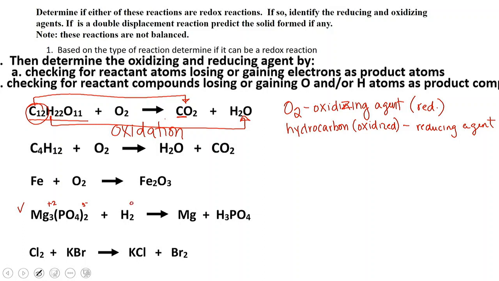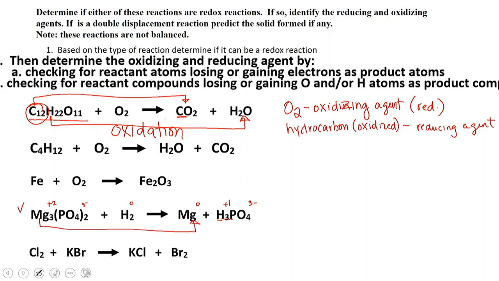In our products, magnesium, because it's an element, has no charge. And hydrogen, because it's now an acid, will have a +1 charge. And phosphate keeps its same -3 charge.